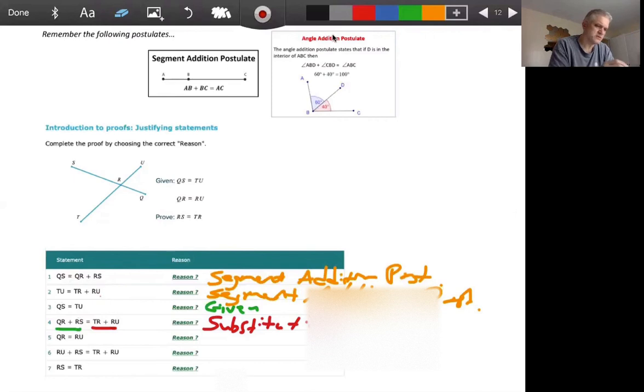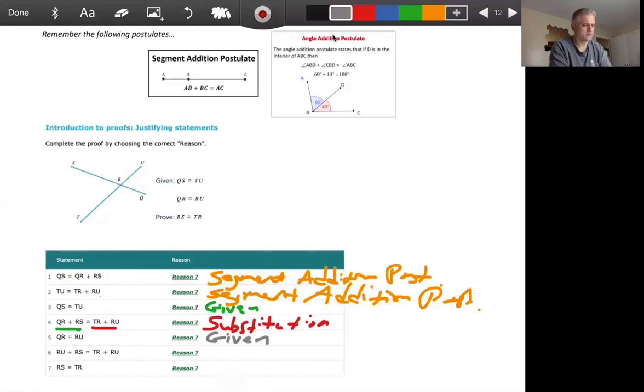Okay, so now that we're that far, now it says, erase those guys here. Now it says QR is equal to RU. Well, that's not from up here really, but oh look, given, there it is again in the given. So we've got more given information, right? So now we've got QR is equal to RU. Nice. All right.